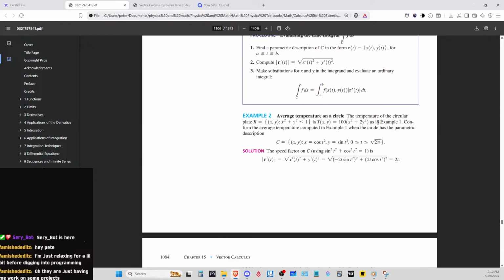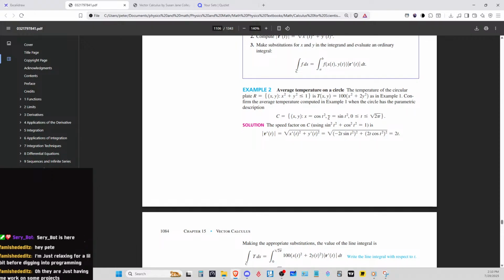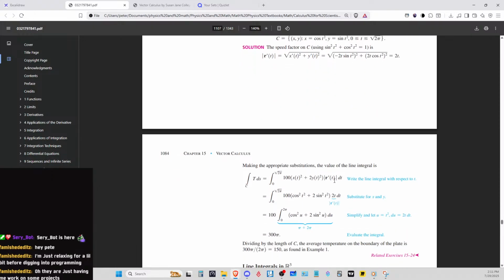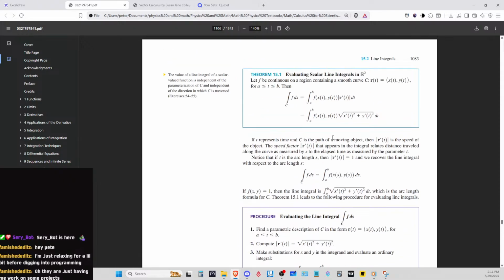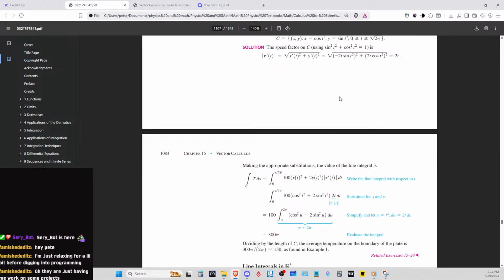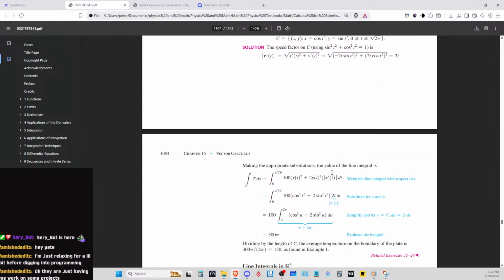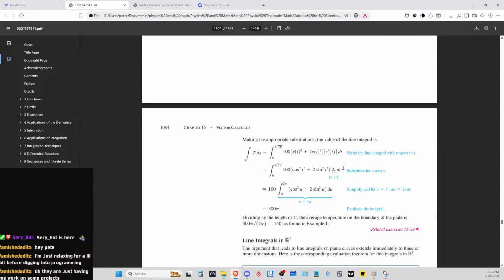So we have 100 times that, and this is the primary function we're dealing with. I was like, where did the second power come from? And I was like, oh, it probably came from the original function.